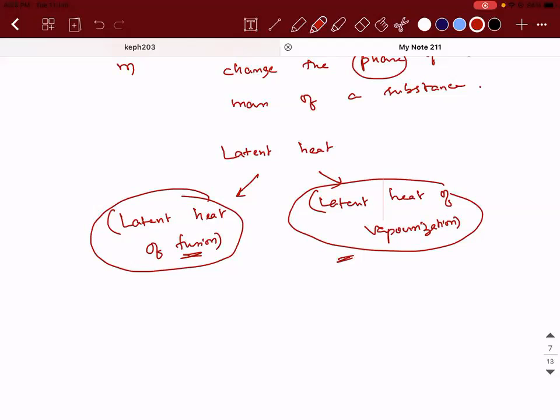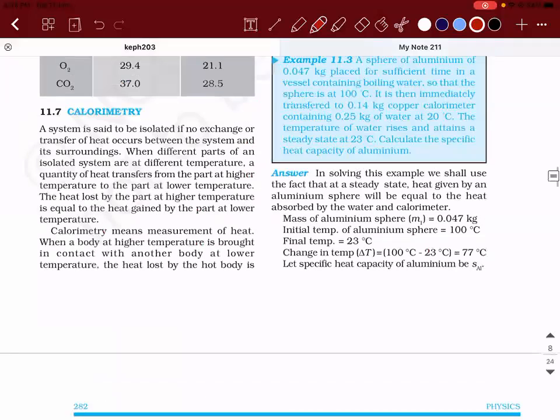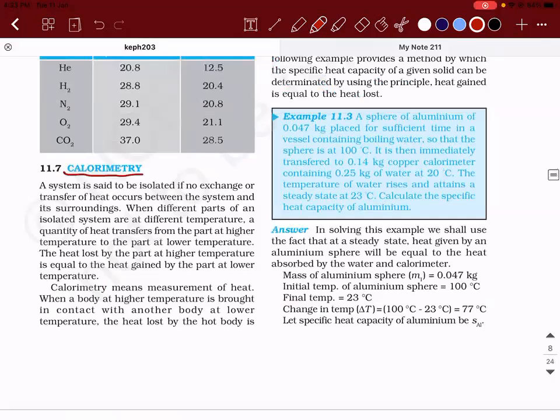Okay. So going on to the next part, that is calorimetry. Calorie is derived from the unit of heat. Metry means meter, metric. It's basically a measurement. So if you have a particular branch which is specifically going to concentrate only on calculating heat, then that kind of branch is what is called calorimetry.